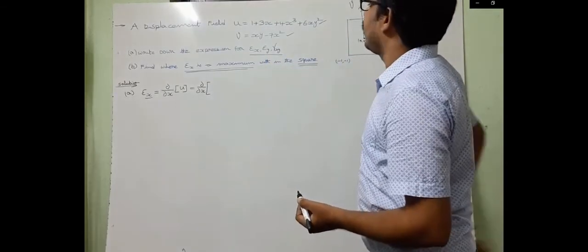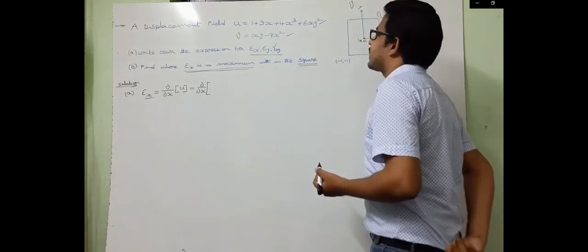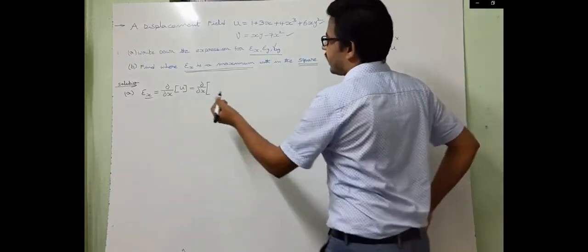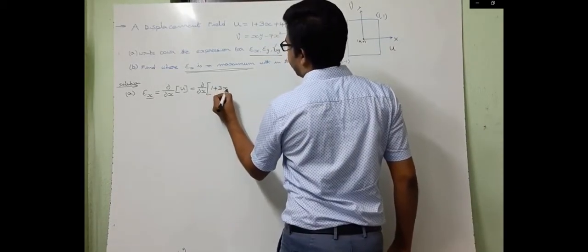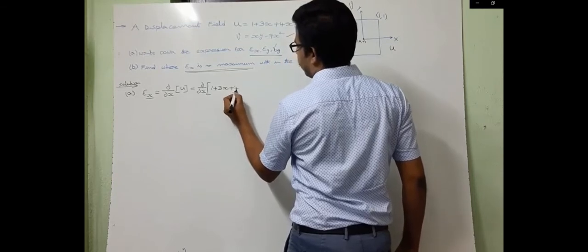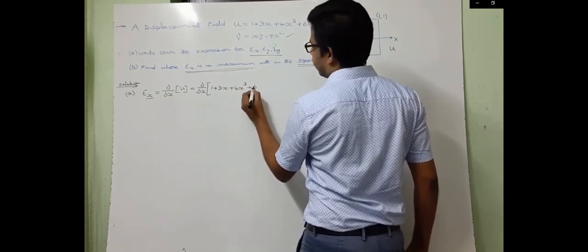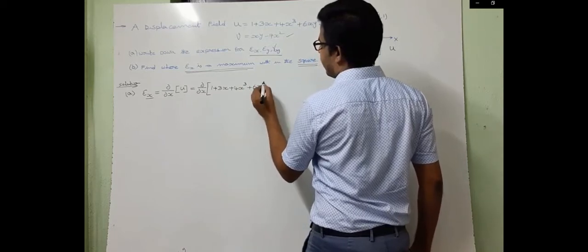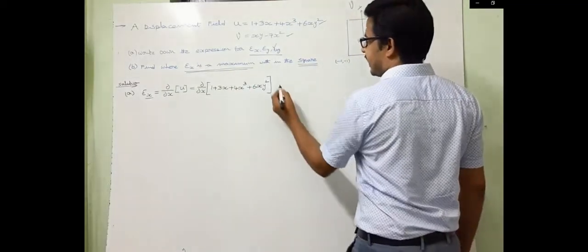So here u value is equal to 1 plus 3x plus 4x cube plus 6xy square.